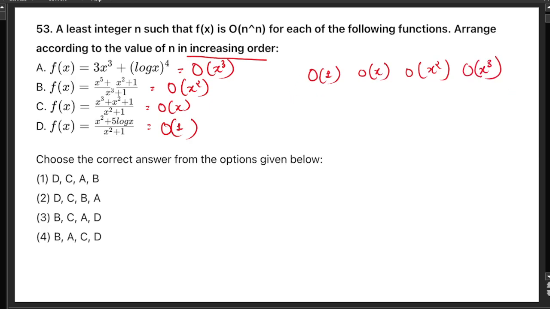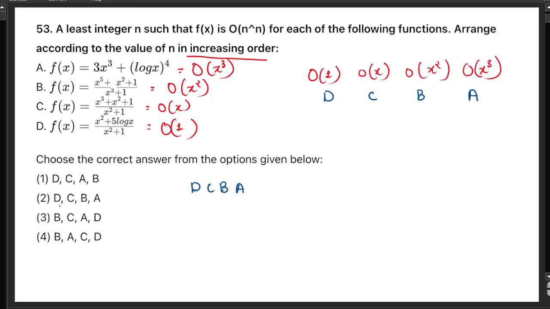Now, if we see, the option corresponding to this is D, the option corresponding to this is C, the option corresponding to this is B, and this is A. So, can we say that our answer is D, C, B, A? This is our answer. Alright everyone. Now, let's check.